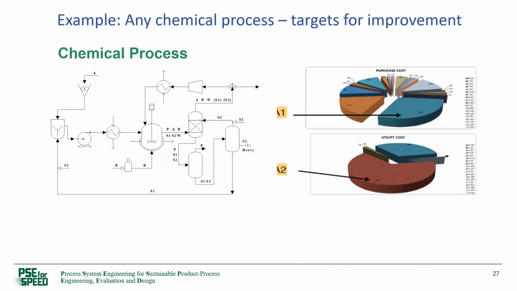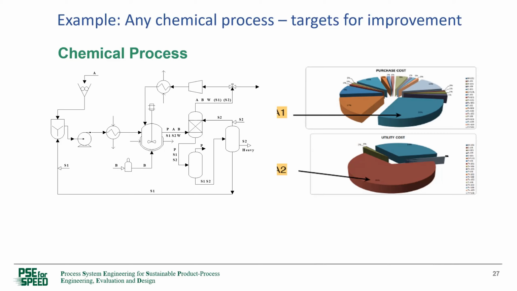So now a little bit about how we identify the target. Let's say we have a chemical process and we have done the cost analysis in terms of purchase cost and utility cost, and we have the pie charts. Obviously, if we want to improve the cost, we should take the big portions of the pie.